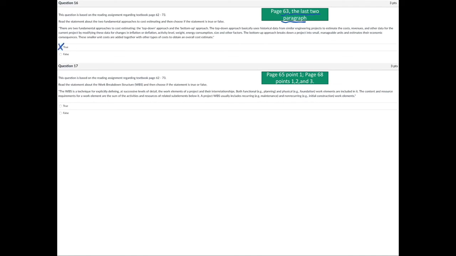And then the second statement is talking about the work breakdown structure. This statement talks about the definition of it, what its function is, and the three things or rules you need to consider. This statement can be found on page 65.